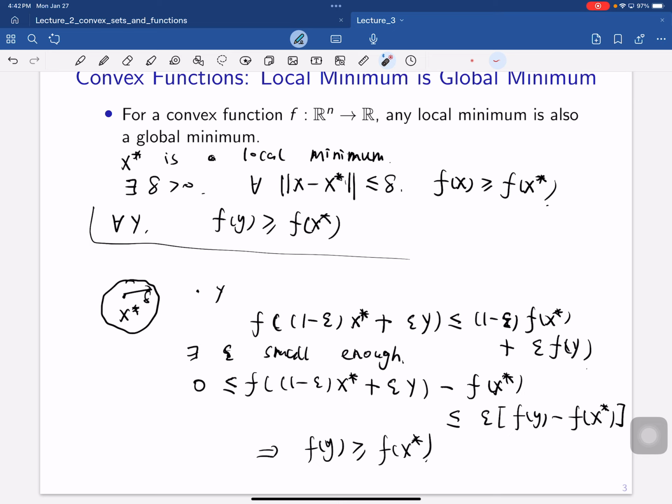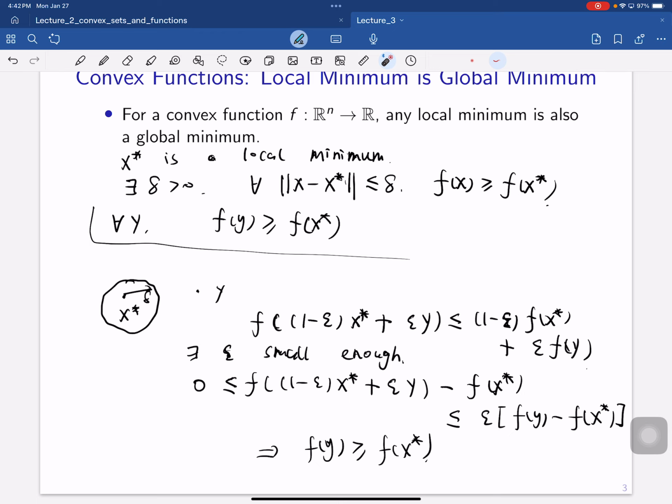So for a convex function, can we say that there is only one local minimum or global, for an unconstrained convex function? Well, not necessarily.